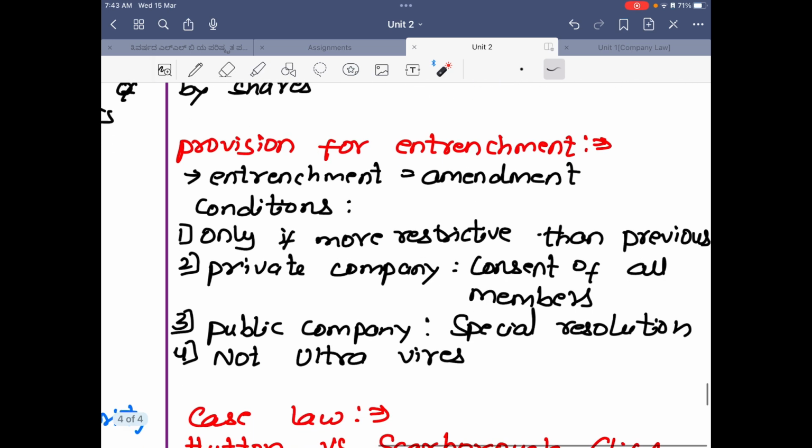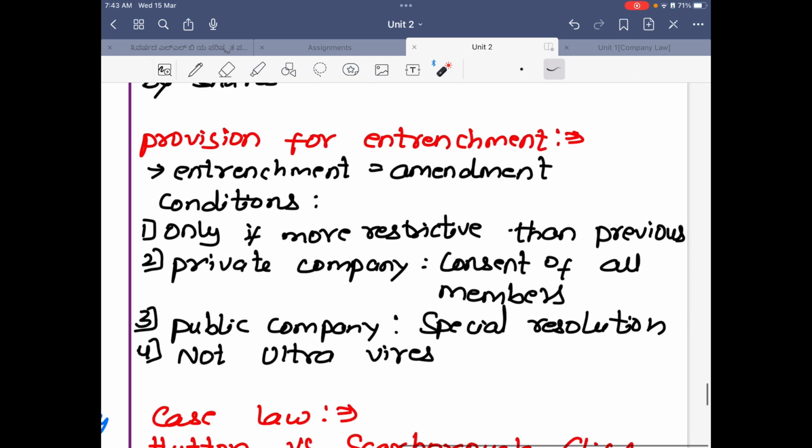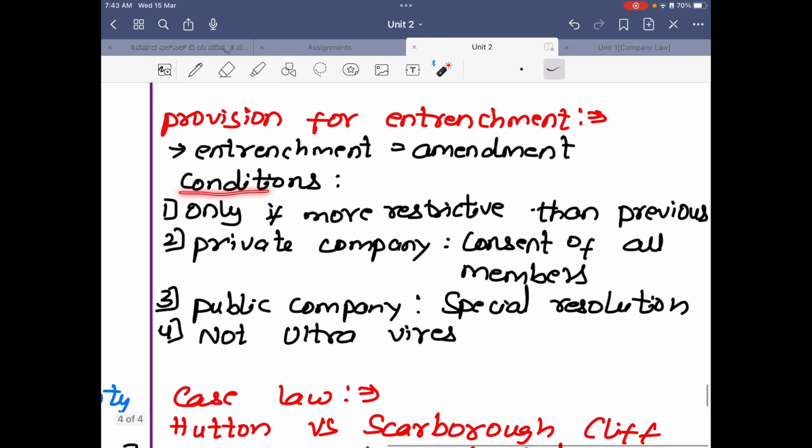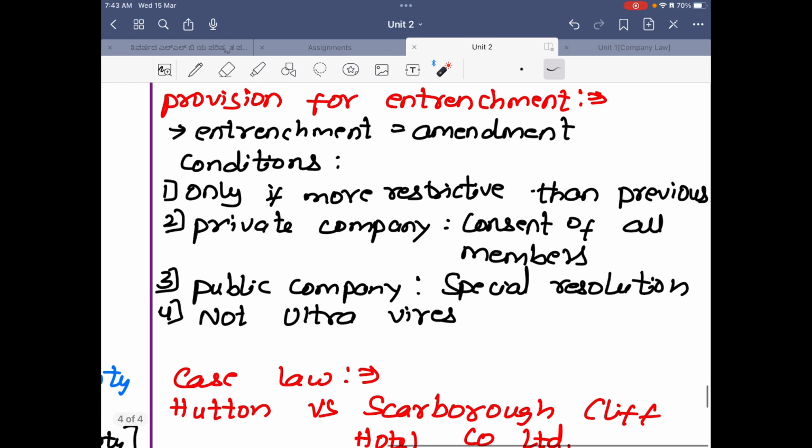Provision for entrenchment. The articles of association are like bylaws. Entrenchment means amendment. Can we amend the laws later? If they want to change the law, can they do it? For changing a law, there are certain conditions they should comply with. The first is that it is allowed only if more restrictive than the previous.